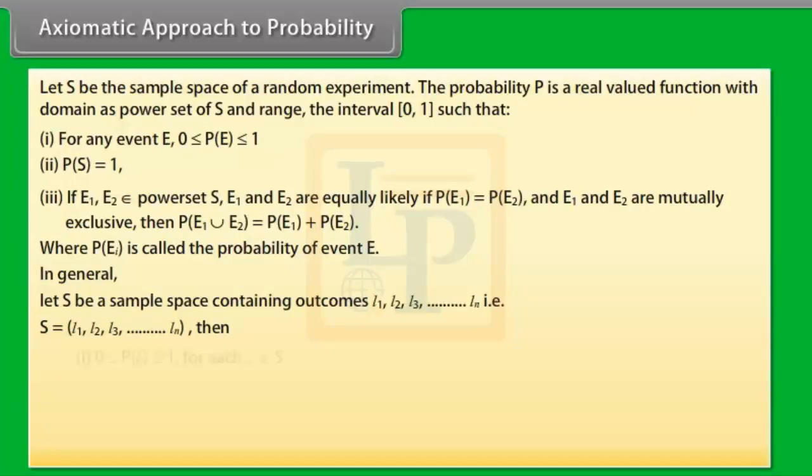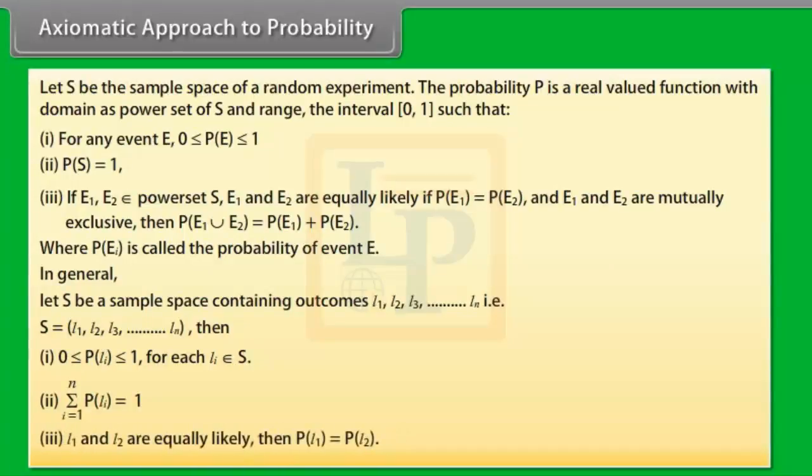Then 1. 0 less than or equal to P(Li) less than or equal to 1 for each Li belonging to S. 2. Summation of i equal to 1 to n of P(Li) is equal to 1. 3. If L1 and L2 are equally likely, then P(L1) is equal to P(L2).